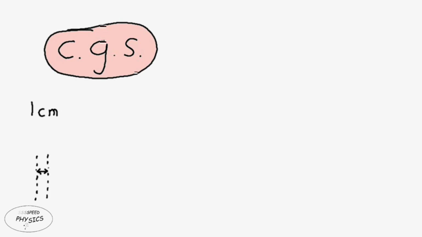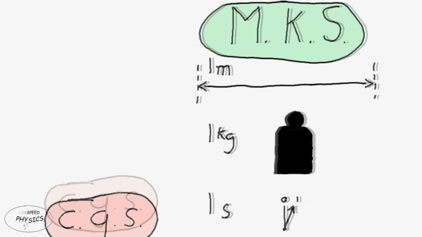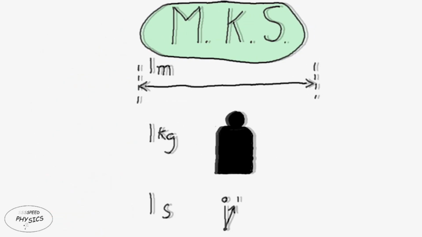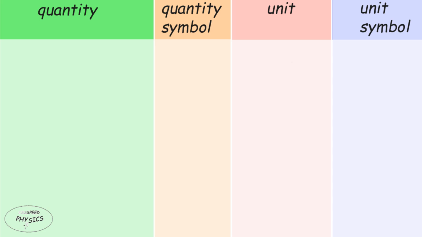However, as time went by, the centimetre and the gram were deemed too small for serious scientific work, so it was replaced by the MKS system, based on the metre, the kilogram, and the second. Later amendments added to the basic 3 units to our present-day tally of 7 units, and this is what we call the SI system. The 7 units are displayed here from the perspective of the quantity they measure.